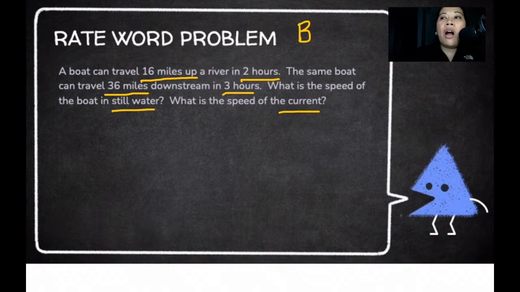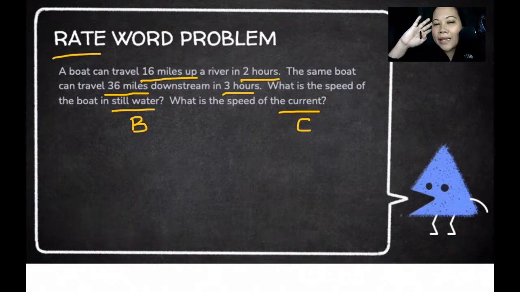The speed of the current, which is unknown, is our c. Boat in still water, meaning without current, is b, and the speed of the current is c.